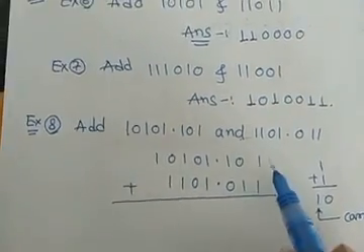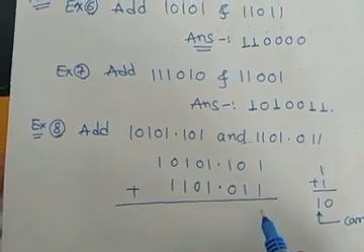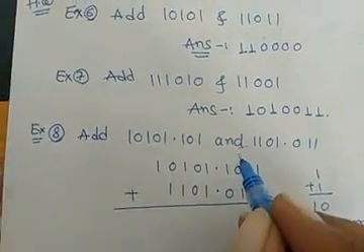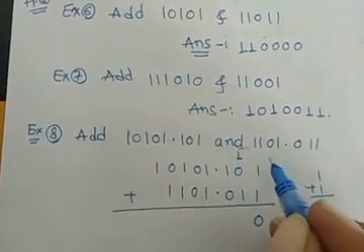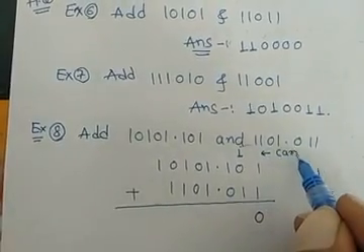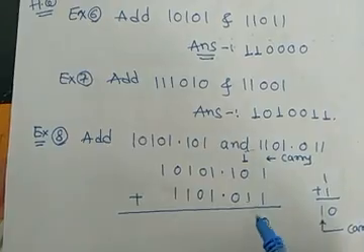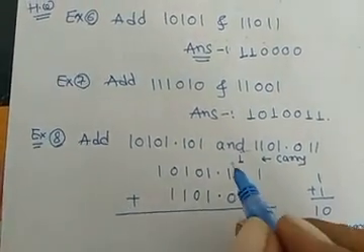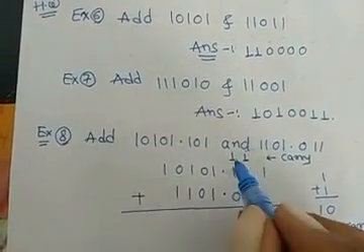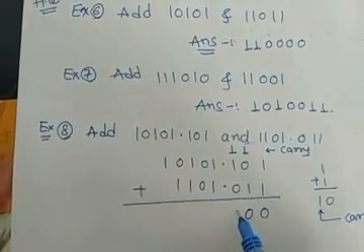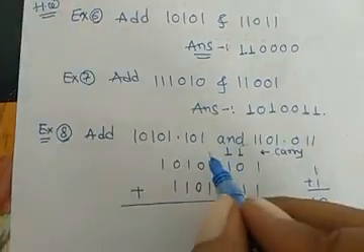So we write 0 and carry is 1. Here we are writing carry. So again 1 plus 1 is 10, 1 is again carry. 1 plus 1 is again 10. So we write here 0 and carry is 1.